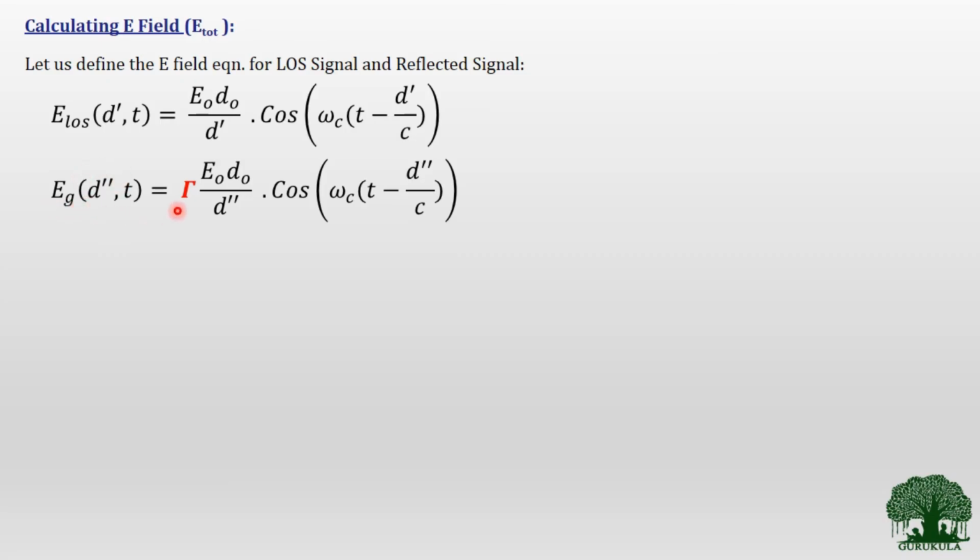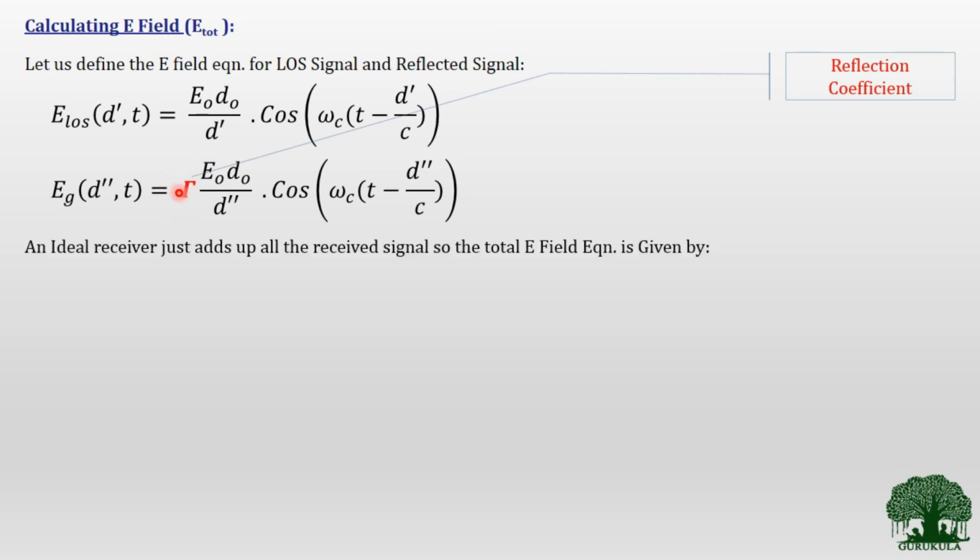You could observe that there is an additional term here, capital gamma. That is nothing but the reflection coefficient. The reflected wave is getting reflected from the ground surface, so obviously it is mandatory for us to consider the reflection coefficient as well.